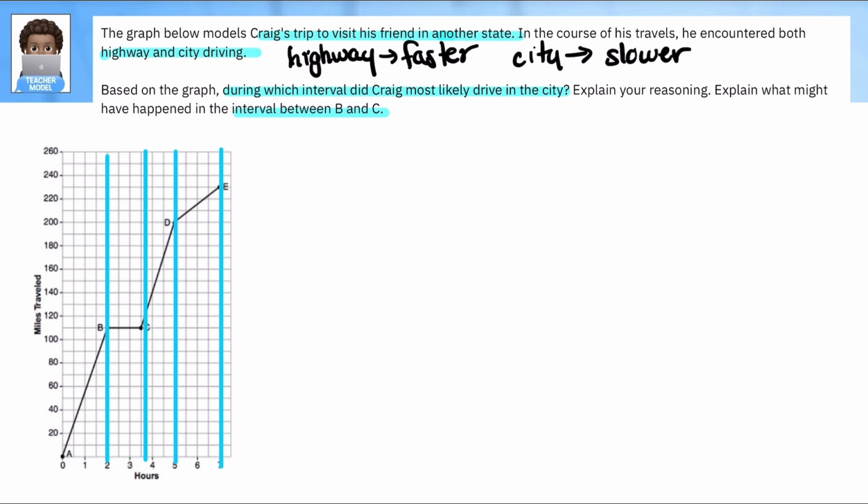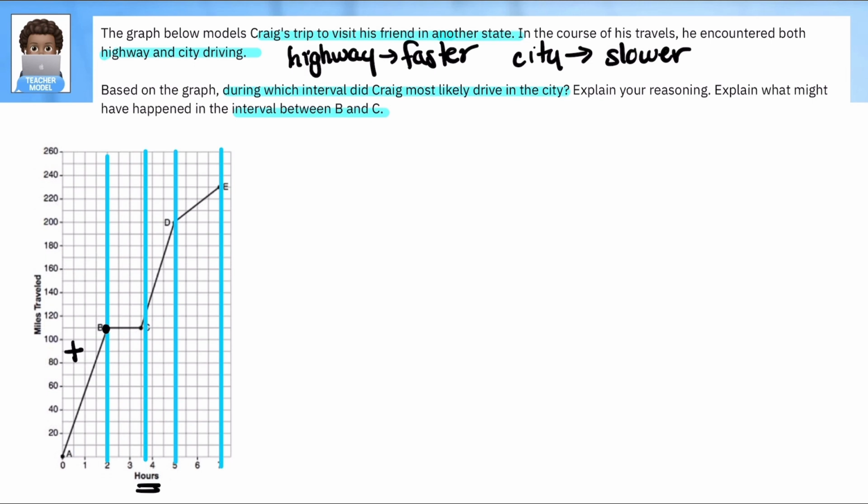Well, he's driving, and we're talking about hours and miles traveled. So in the first part of the story, for the first 2 hours, he's driving a lot, and he actually gets to go 110 miles. Wow. So it looks like he's going pretty fast to drive 110 miles in 2 hours.